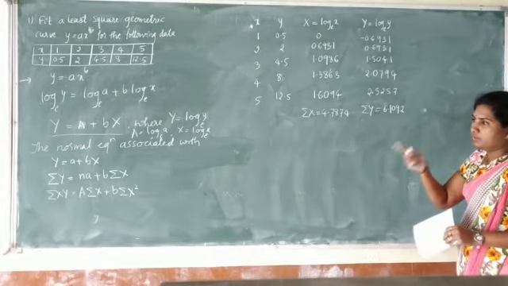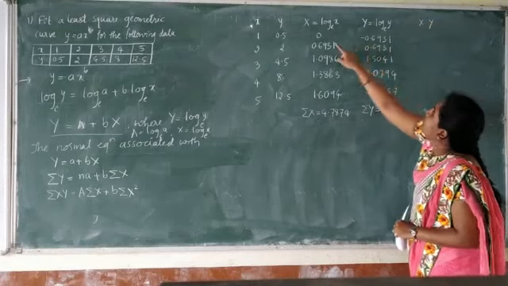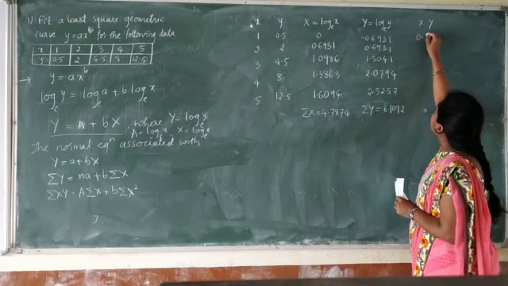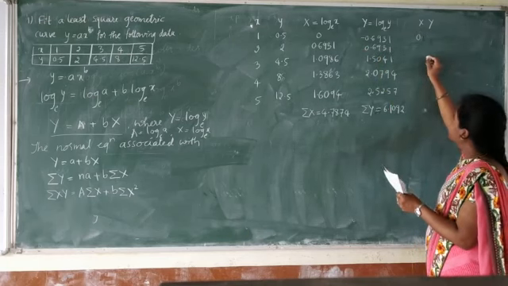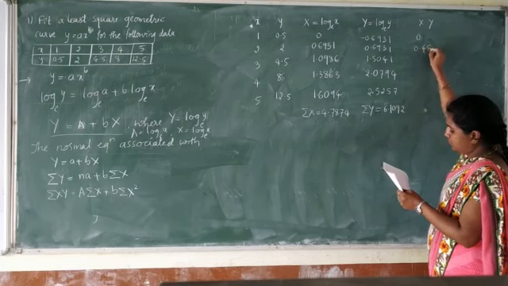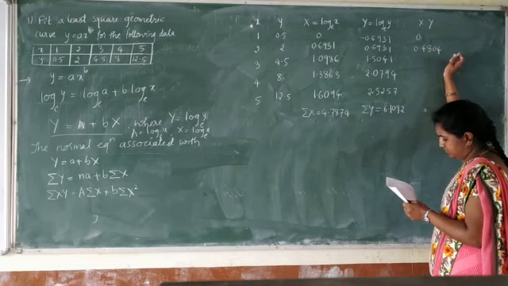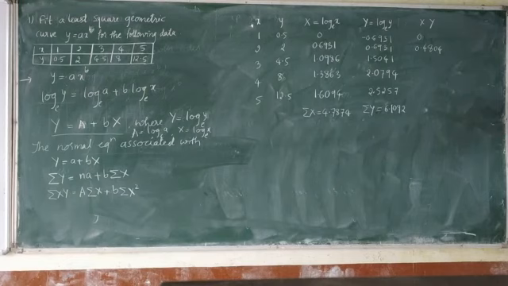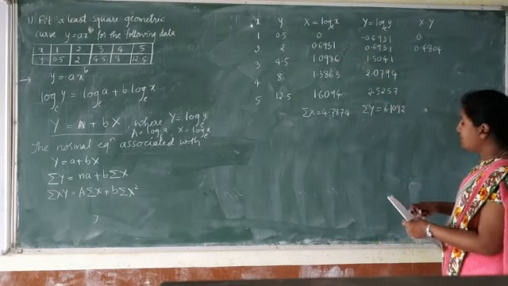Next term is nothing but xy. Xy means multiplying these values. Okay, 0 into 0.6931 is nothing but 0. Next, after multiplying 0.6931 into 0.6931, we are getting 0.4804.